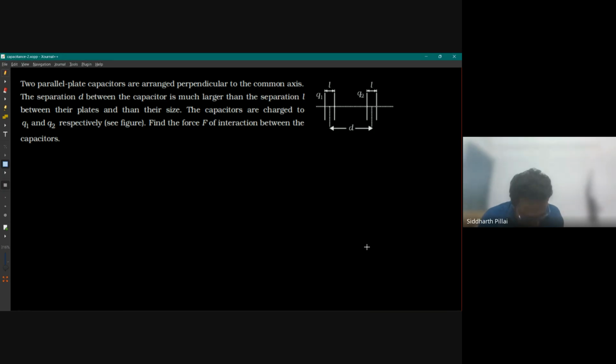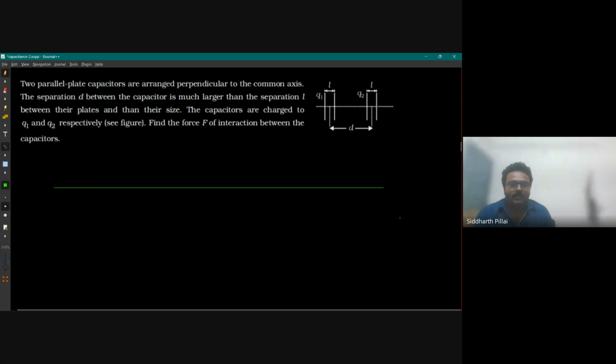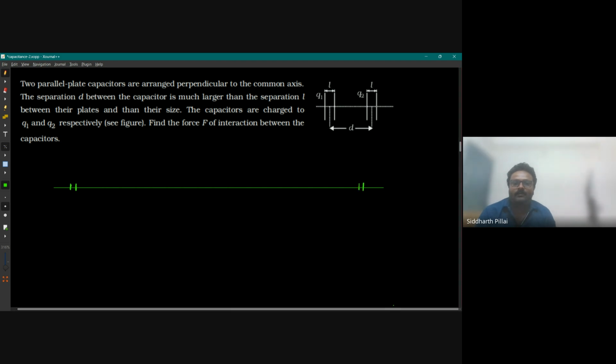Where is it? So like I said, the keyword here is this distance D is much greater than the separation between the plates and also the dimensions of the area of the plate, right? Which means if I were to draw this, let's say on a real line like this, let's say these are the two plates. They are very small and they are kept like this.